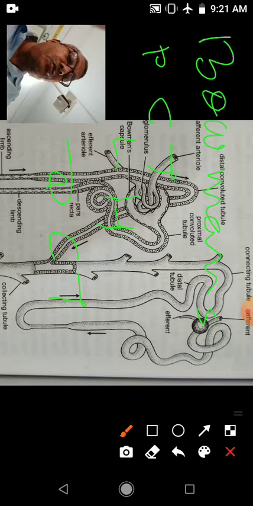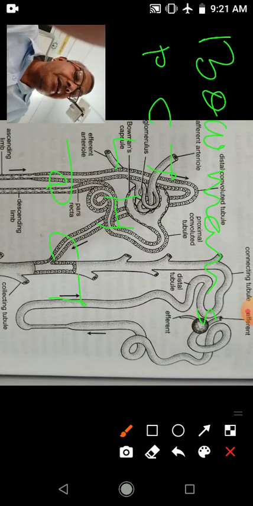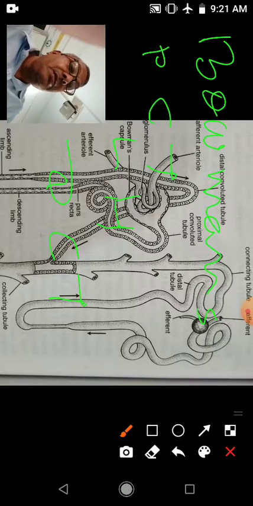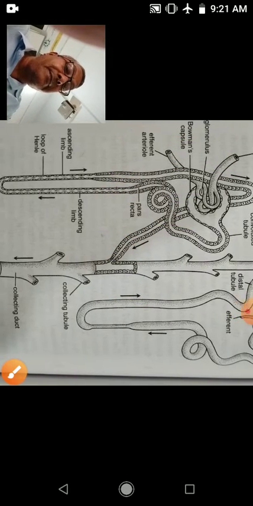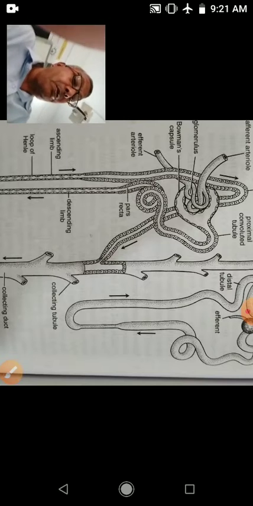Then the distal convoluted tubules open into the collecting duct. So this is the figure of one nephron.